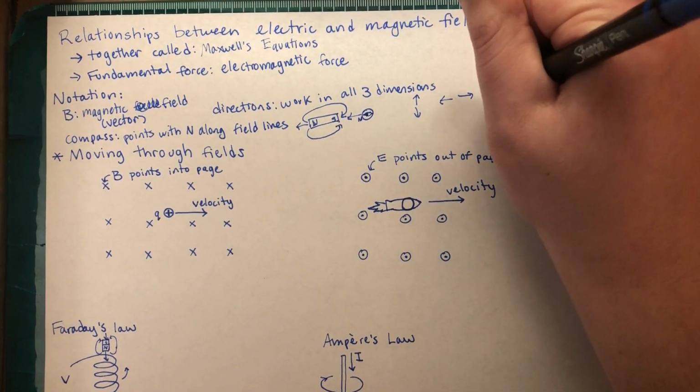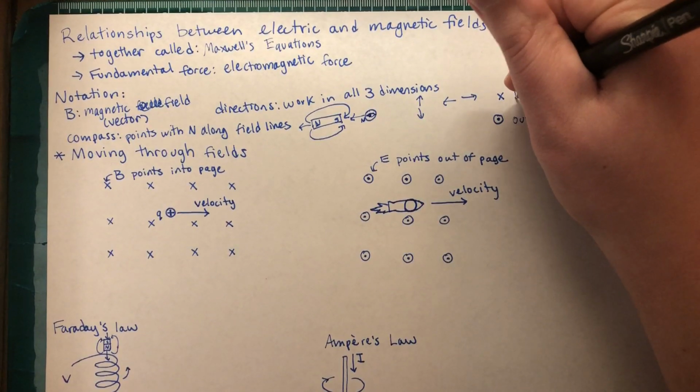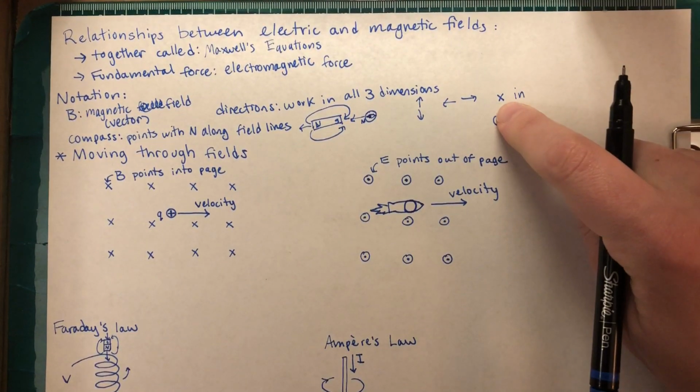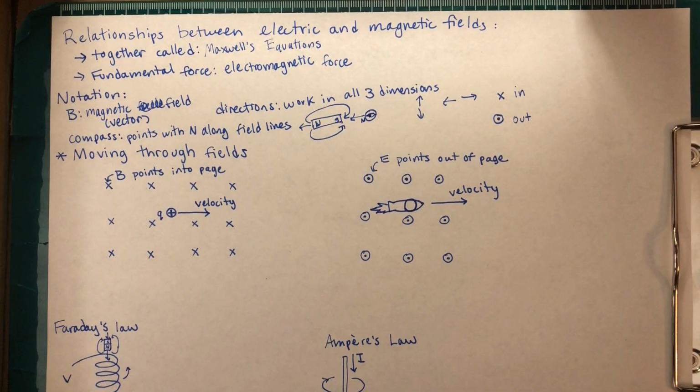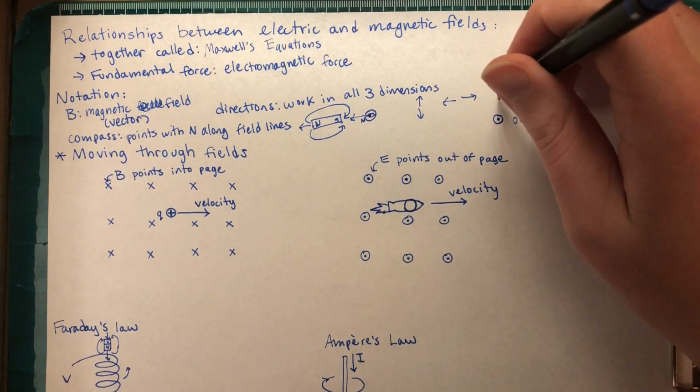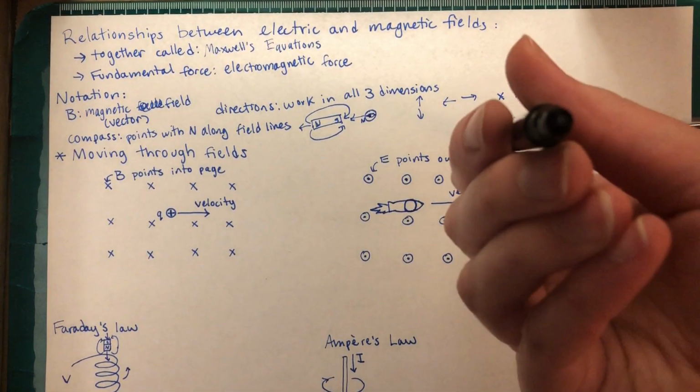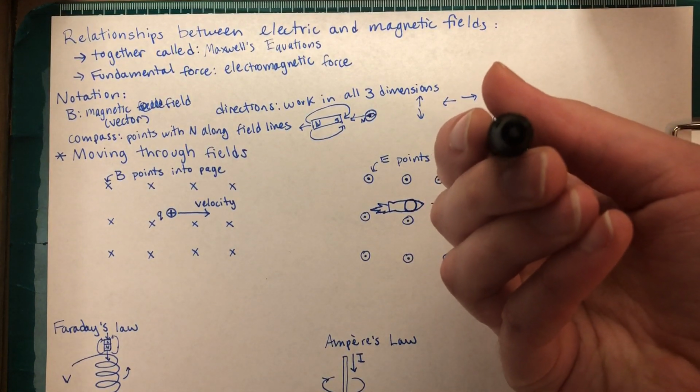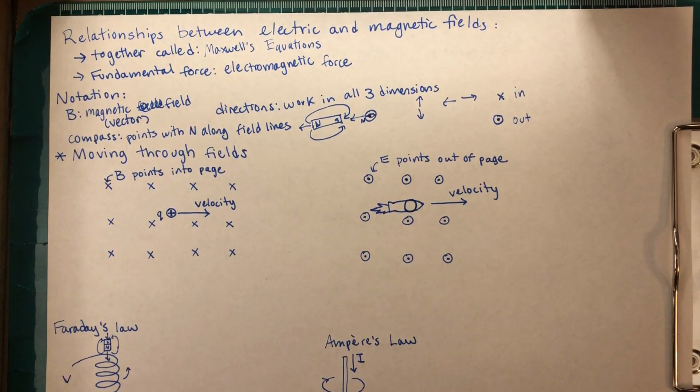And the symbol that we use for into the page is a little X. And this comes from the idea of if the field lines were actual arrows that you could shoot with a bow. Arrows have those feathers on the back of them. So if you look at an arrow from the back, it looks like this little X shape. So this means pointing into the page. This circle with a dot means pointing out of the page, kind of like this. Okay.